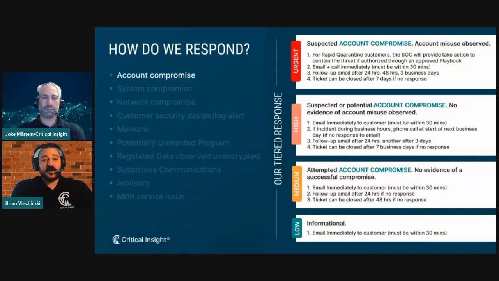If it's urgent, not only are we going to call you and try to get a hold of everybody on your call tree, but we're going to continue to follow up until we get somebody. That's essentially our tiered response method from low to urgent for this particular example of an account compromise.